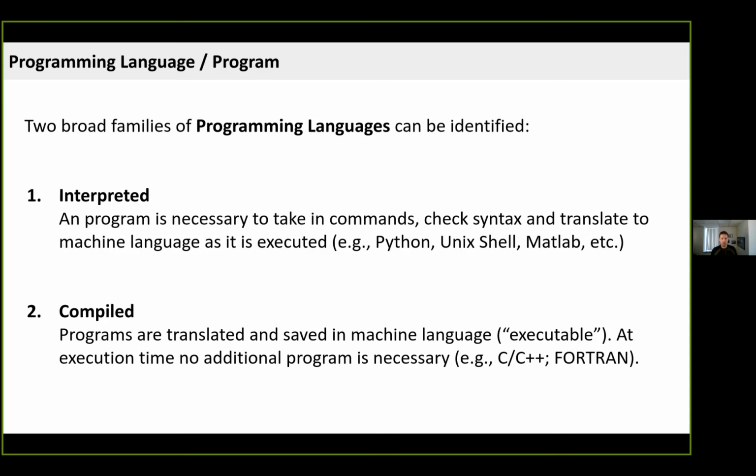It's an executable. It's Firefox or Chrome or something that you downloaded, installed on your machine, and it's running without the need of some other program to make sure that it is executable or syntactically correct.